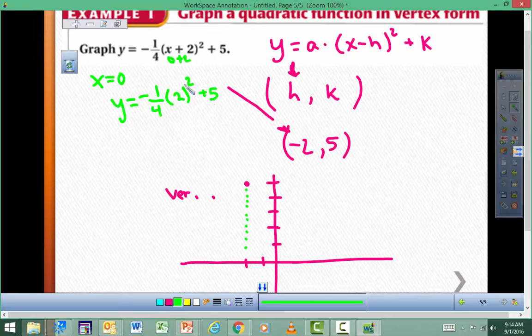But 2 squared is 4. So this is equal to negative 1/4 times 4 plus 5. Well, 1/4 of 4 is actually negative 1 plus 5, which finally equals 4. Alright, that took a little bit of work, and I showed a bunch of steps there. But anyhow, when x is equal to 0, y is equal to 4.